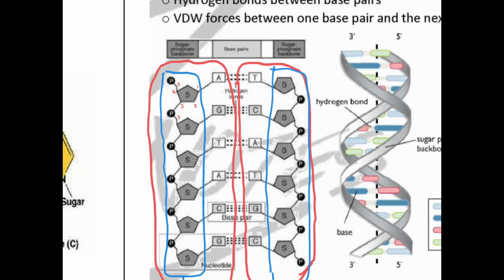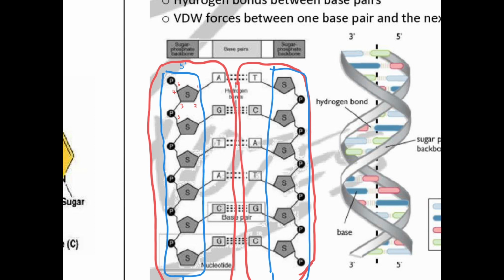And what is 5 prime and 3 prime? Okay, if you see this backbone, right, having carbon 5 on top and no more connection anymore after carbon 5 and the phosphate, then this is called 5 prime. So this backbone is 5 prime.